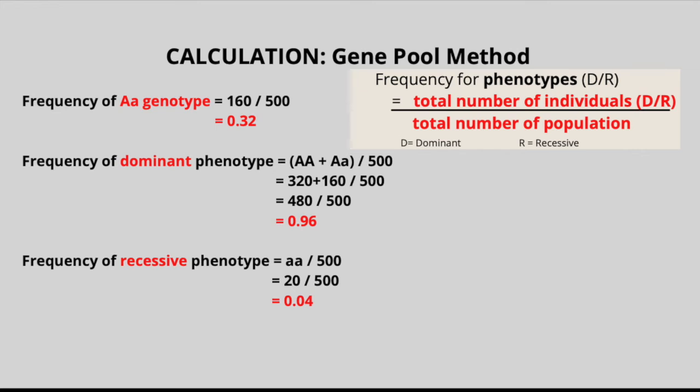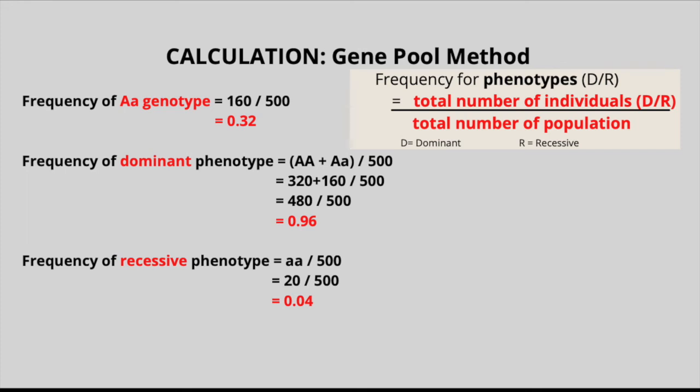To calculate the frequency of the dominant phenotype, total number of dominant phenotype divided by total population, which consists of homozygous dominant and heterozygous. 320 plus 160 divided by 500. That will give us 480 divided by 500 equal to 0.96.